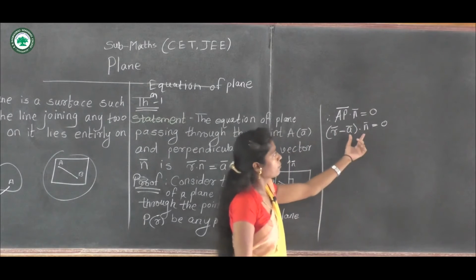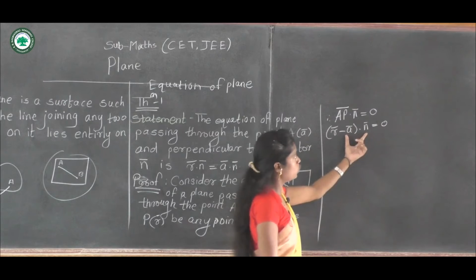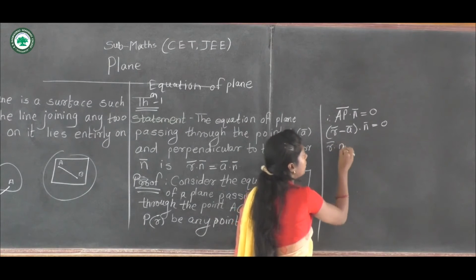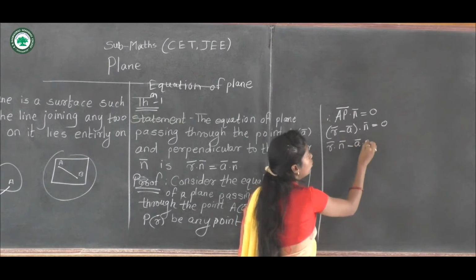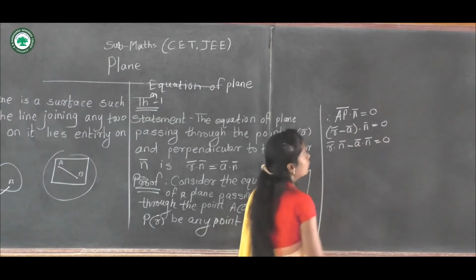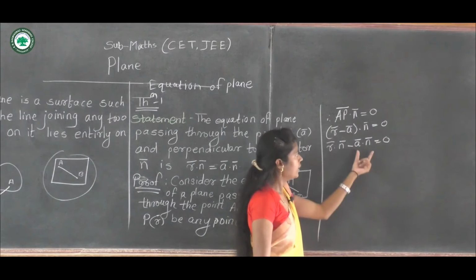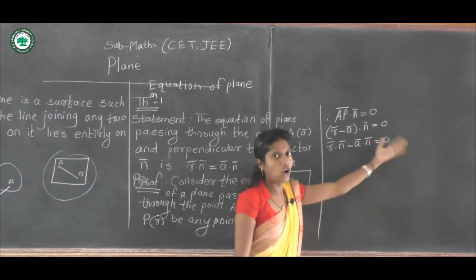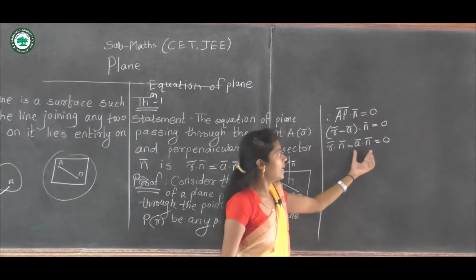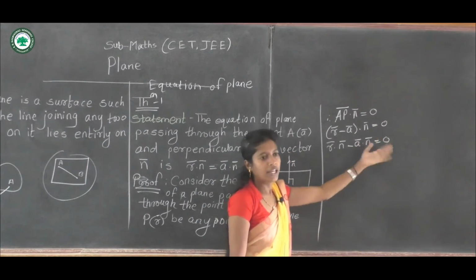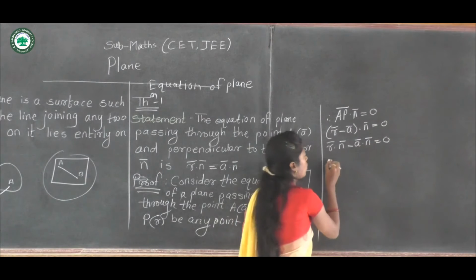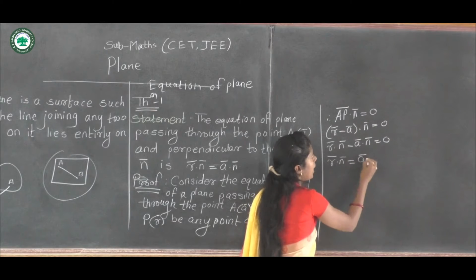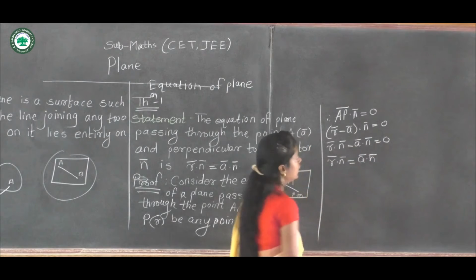Then taking the product of these two values, r bar dot n bar minus a bar dot n bar is equal to 0. Then taking the term minus a bar dot n bar to the right hand side, on the left hand side this value is negative, and on the right hand side it is positive. So r bar dot n bar is equal to a bar dot n bar.